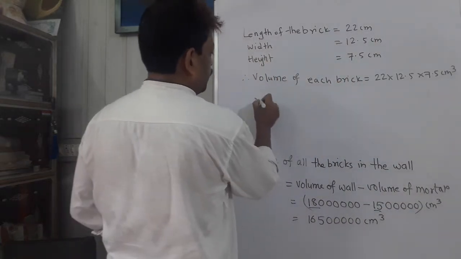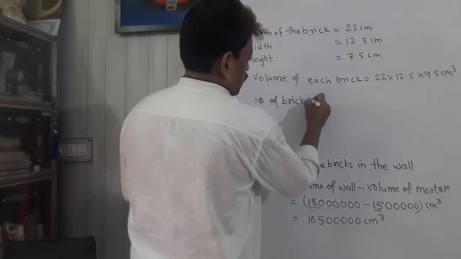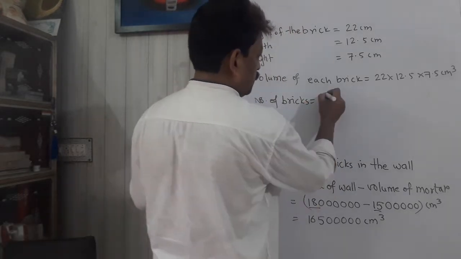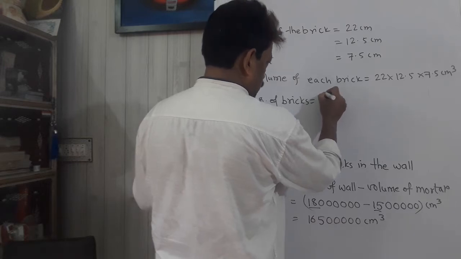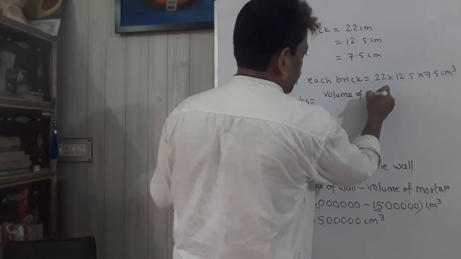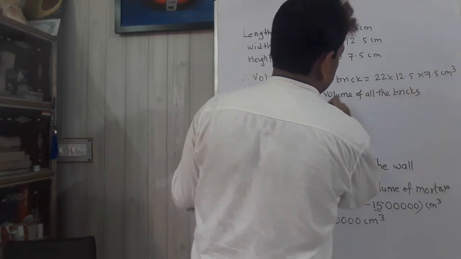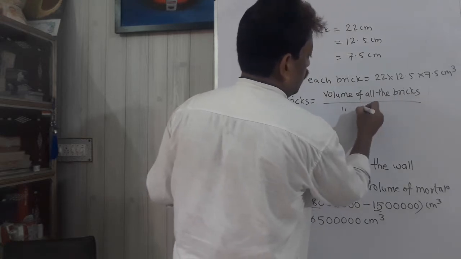Number of bricks equals volume of all the bricks divided by volume of each brick.